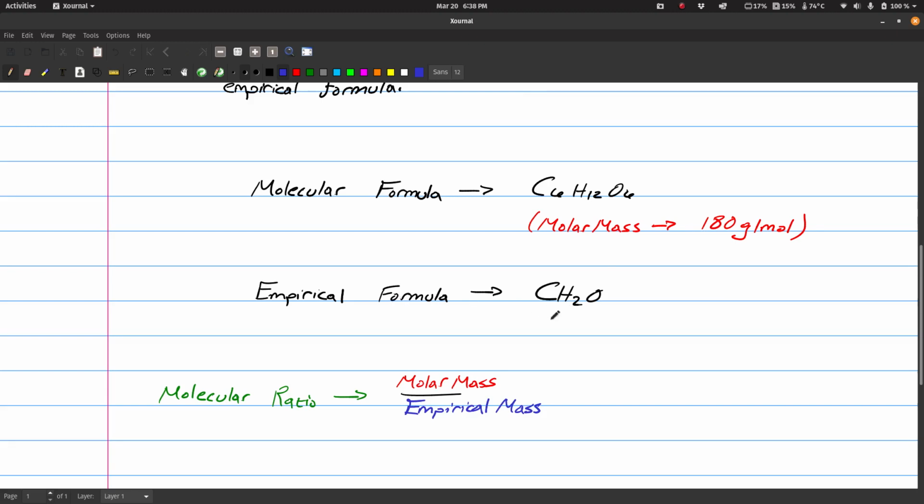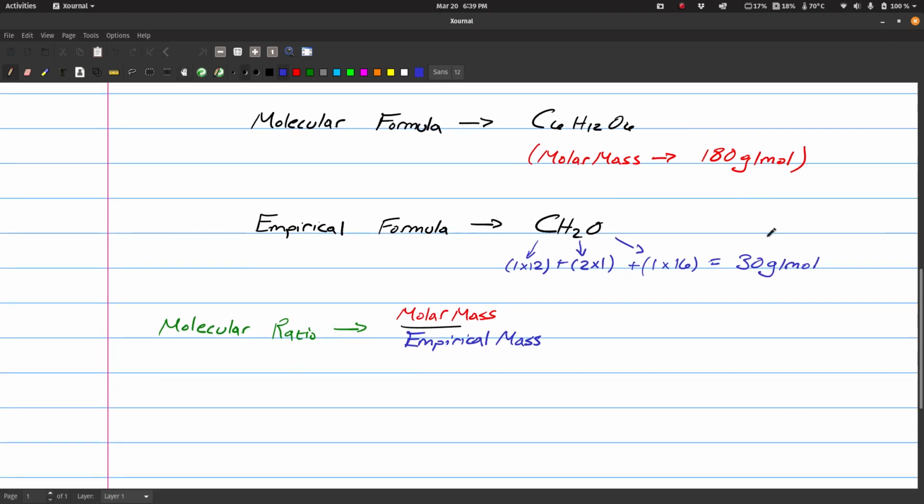We don't have an empirical mass, but we have an empirical formula, so we can figure it out. We have 1 times 12 plus 2 times 1 plus 1 times 16. So when I add these together, I have 14 plus 16. That's going to be 30 grams per mole.